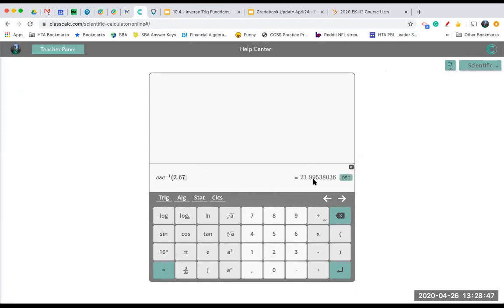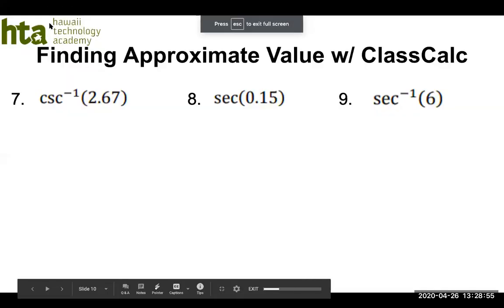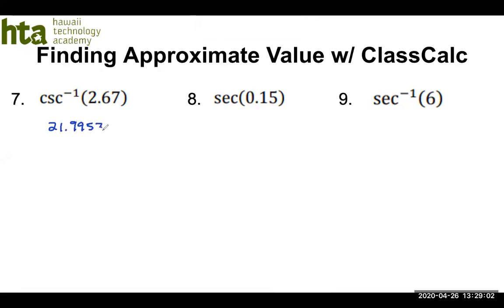And it's 21.9953 degrees. Pay attention to what settings you should be in, degrees or radians, and pay attention to your labeling in your answer. If I'm finding an angle, I need to put the degree sign.